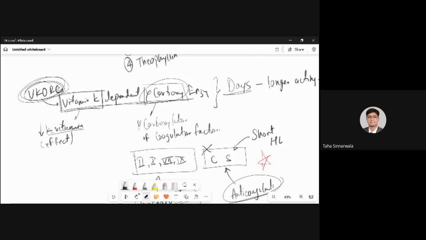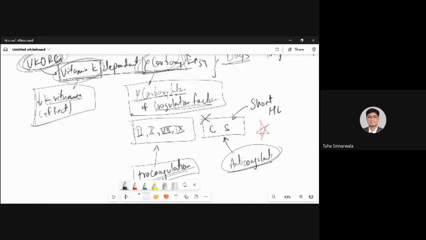Because of the name, we know that this enzyme works with vitamin K. That means this medication decreases the effect of vitamin K, which helps in carboxylation. It carboxylates the coagulation factors, and that is how you produce these coagulation factors.